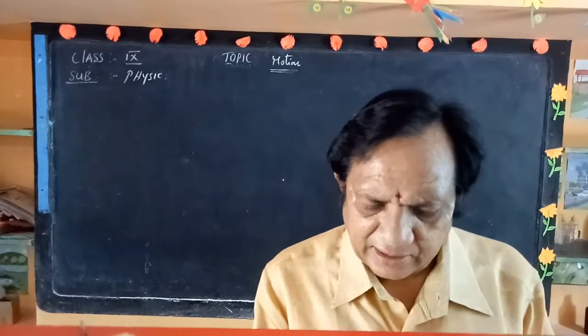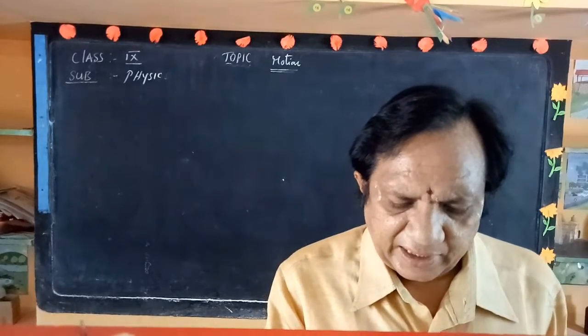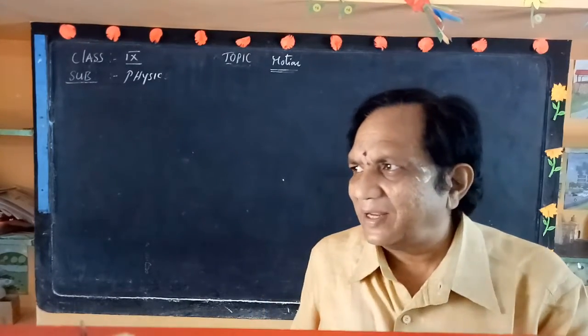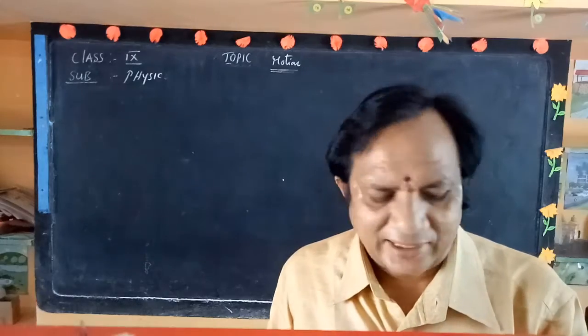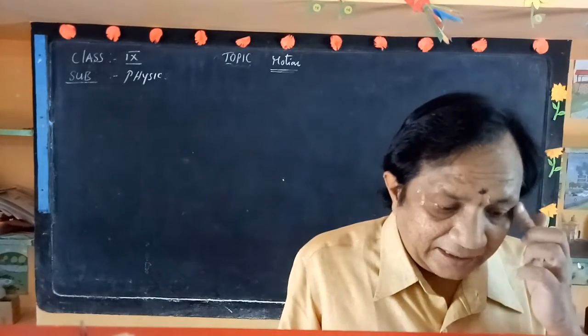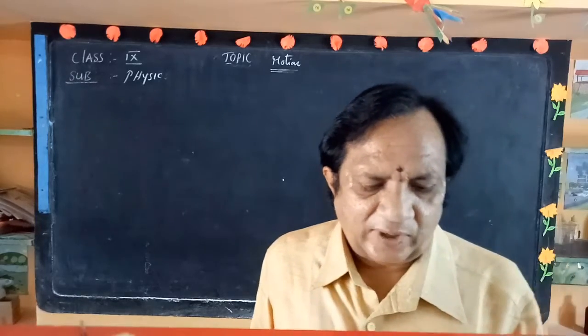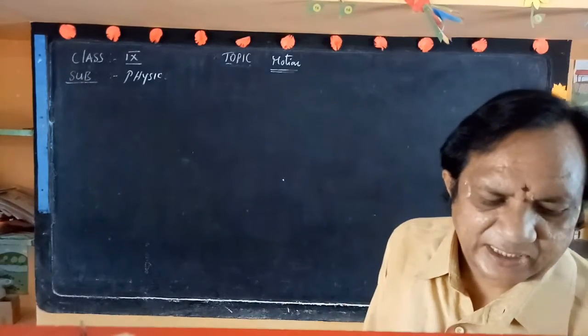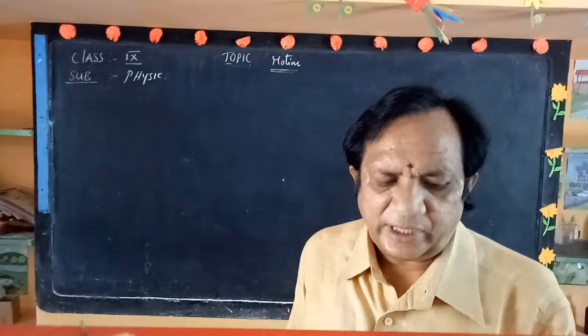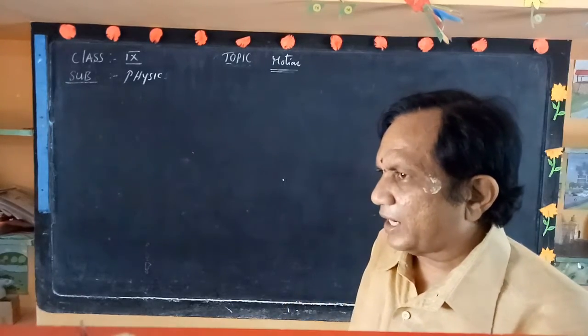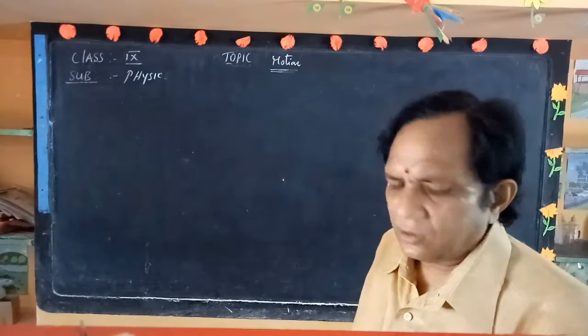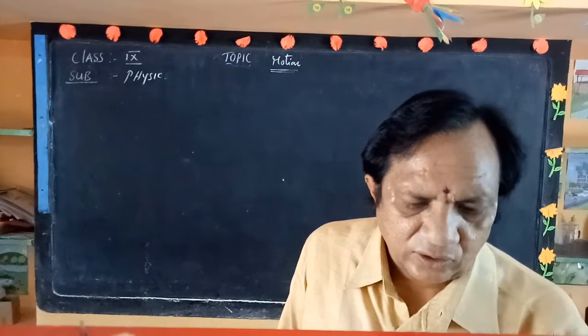So otherwise to be experimental, one lab activity will be given. So in this lab activity we have to consider s by t square, 2s by t square must be constant. 2s by t square is equal to constant, that we have to prove.